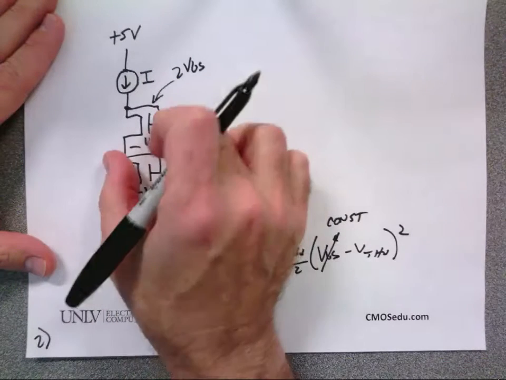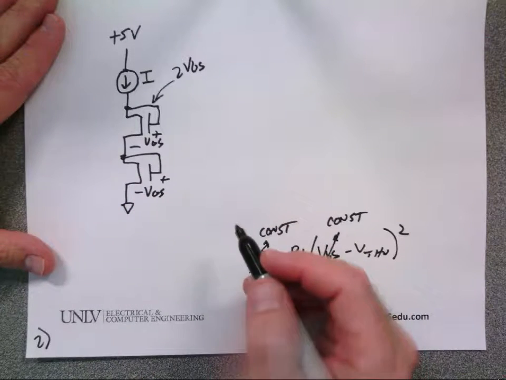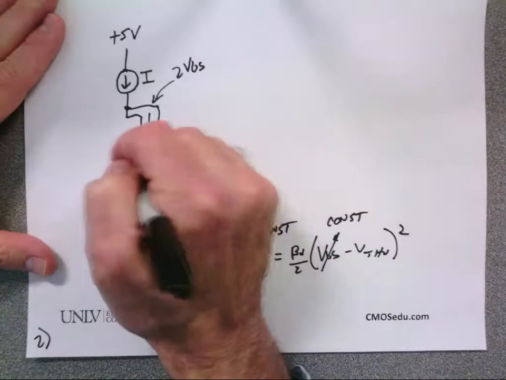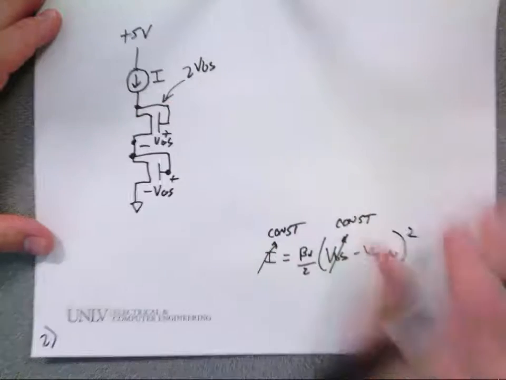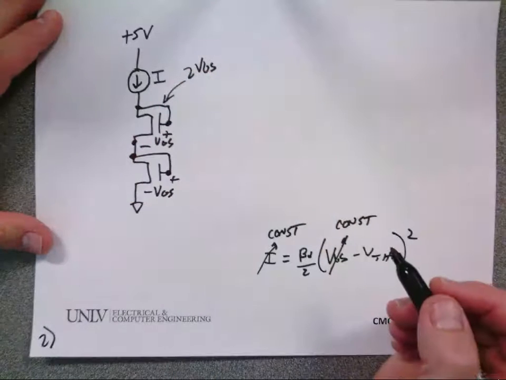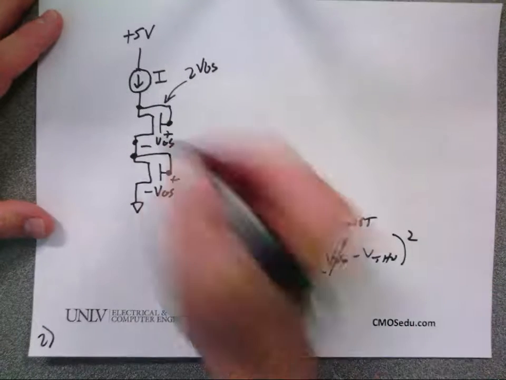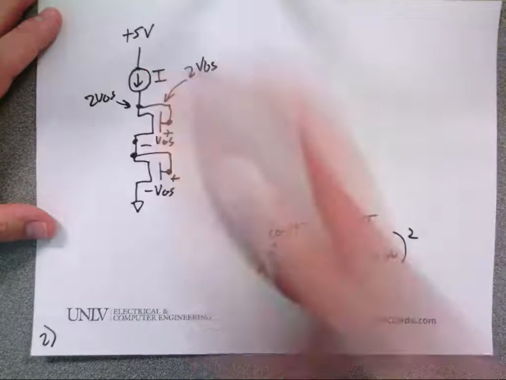I go up another floor, it's VGS. I've gone up 2 VGSs. Just as a sanity check, is the potential here the same as the potential here? Yeah, there's a wire. Is it the same as the potential here? No, they're not connected, right? But if I go up here, I can call this 2 VGS as well. Is everybody cool with that?